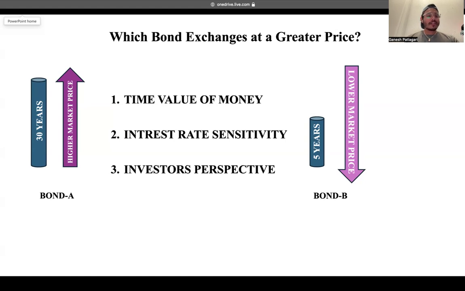Bonds with longer maturities are more sensitive to changes in interest rates. If rates rise, the present value of those distant cash flows decreases more dramatically. From the investors' perspective, investors are willing to pay a premium for the longer maturity of bond A because they are essentially buying those future cash flows at a higher present value.